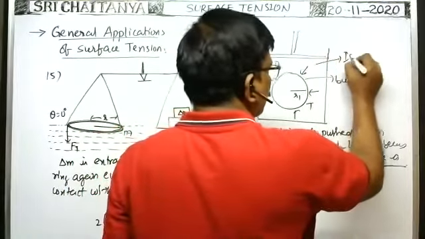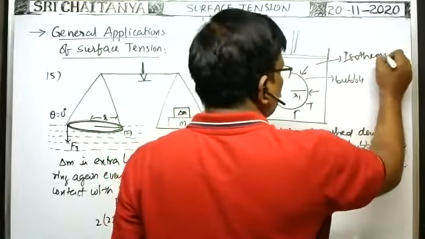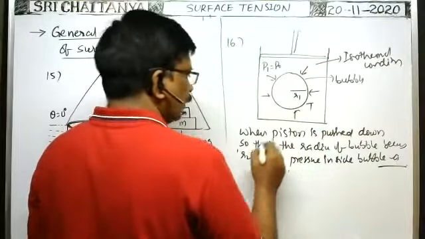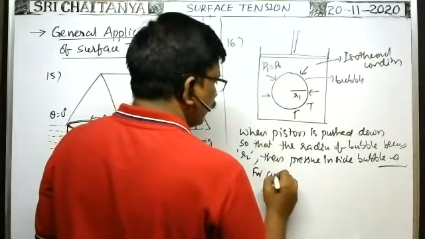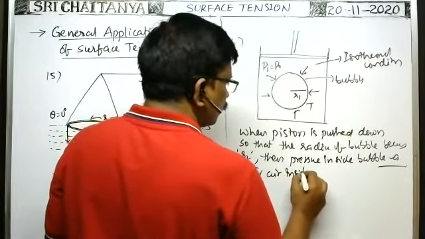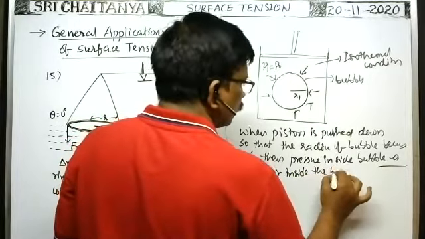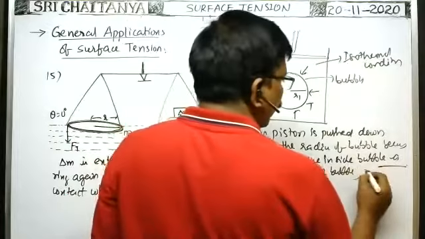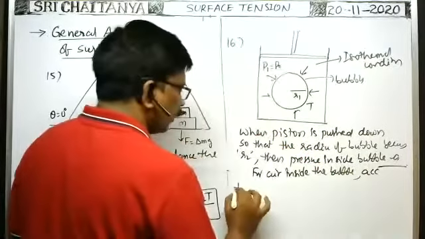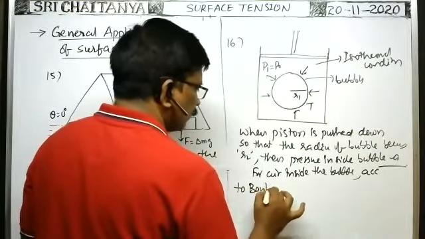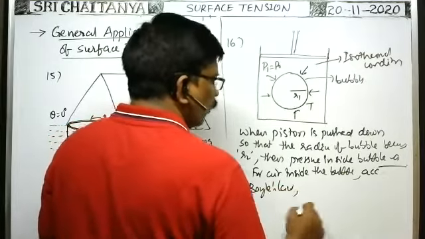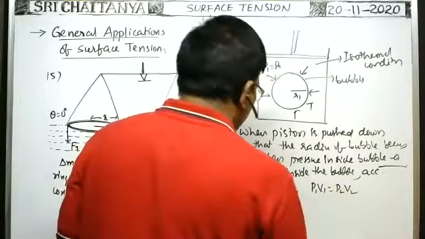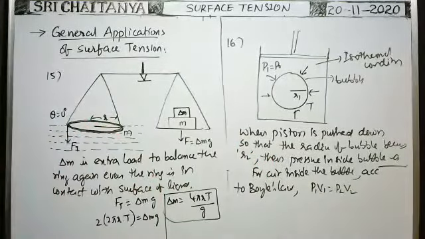That's why it is an isothermal condition. In isothermal condition, for the air inside the bubble, as the temperature is constant, according to Boyle's law, P1 V1 is equal to P2 V2.